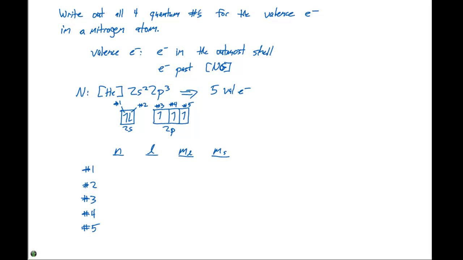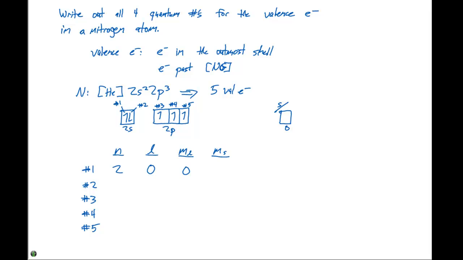The first electron is in a 2s orbital. So that's going to tell us the principal quantum number is 2, and the L quantum number is 0. So n is 2, l is 0. For an s orbital, our m sub L is going to be 0, because remember, m sub L ranges from plus L to minus L. So this is going to be 0.